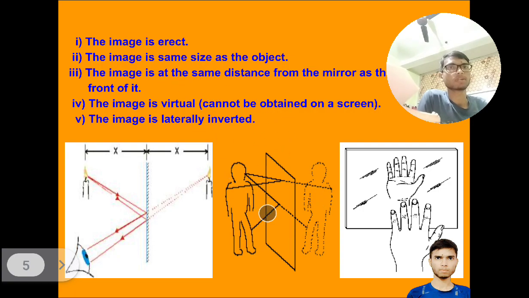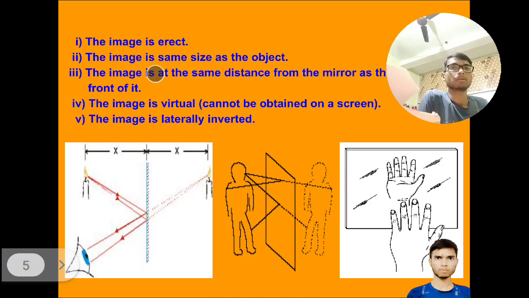And the shape of this would be the same as it is. Clear? This was about erect. The image would be erect if the image is formed by a plane mirror.